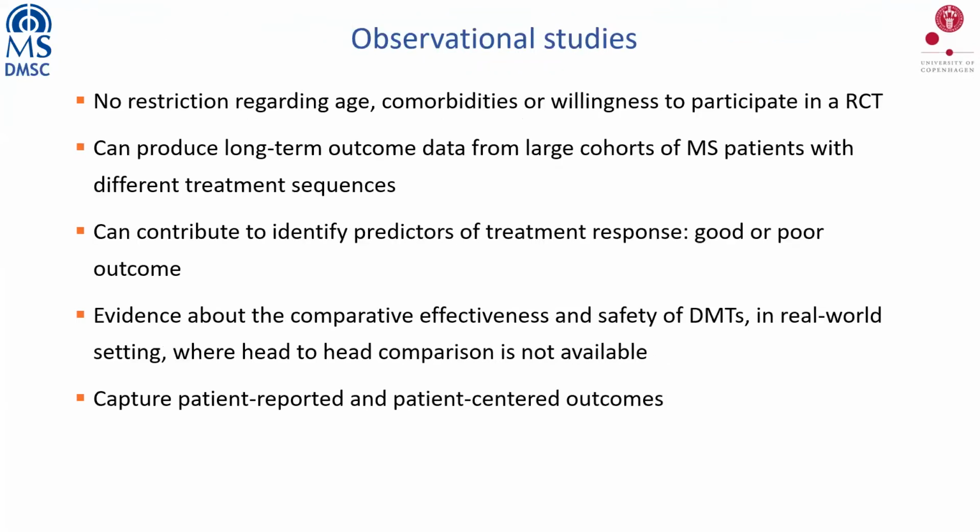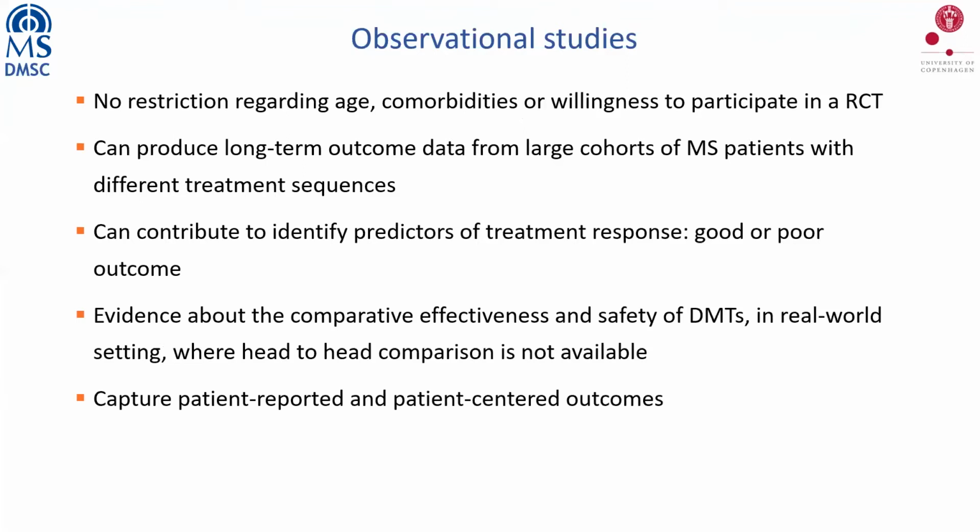So in observational studies, we do not have any restrictions regarding age, comorbidity, or willingness to participate in a randomized controlled trial. We can produce long-term outcome data from large cohorts of MS patients with different treatment sequences.